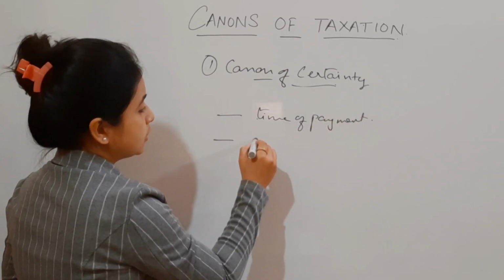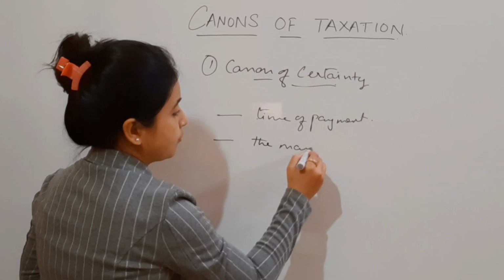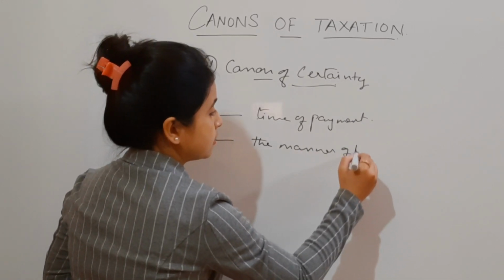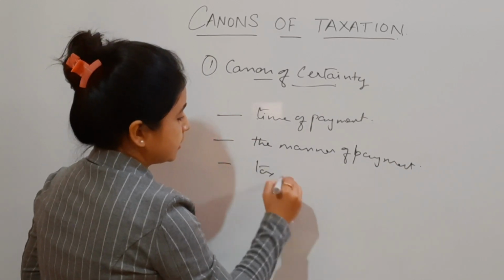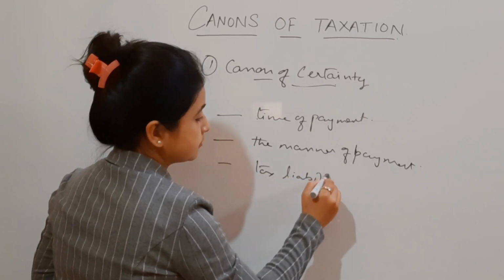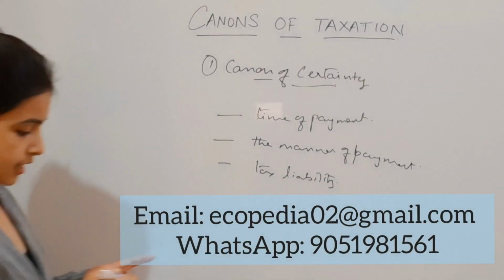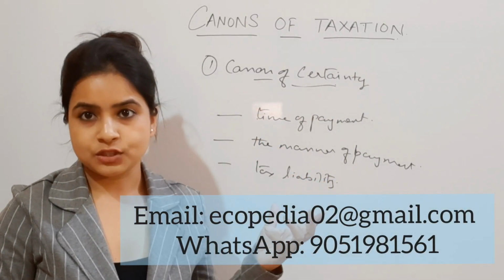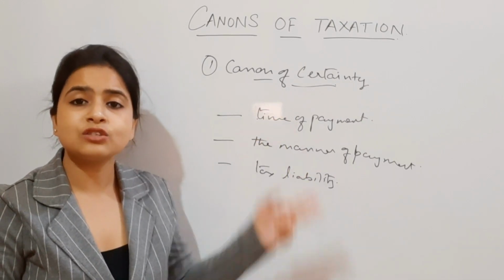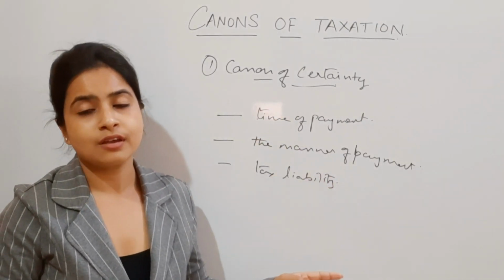Number two, the manner of payment. And number three, tax liability. Tax liability means the amount of tax that needs to be paid. So these things need to be clear all the time.